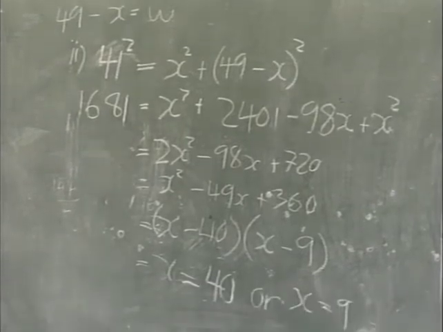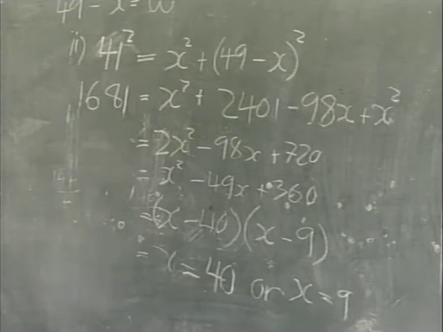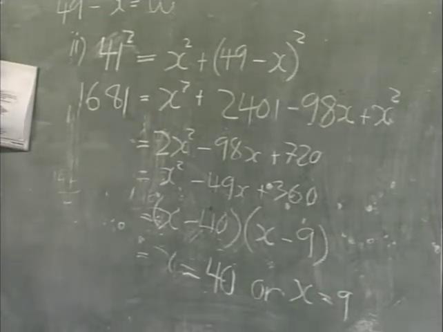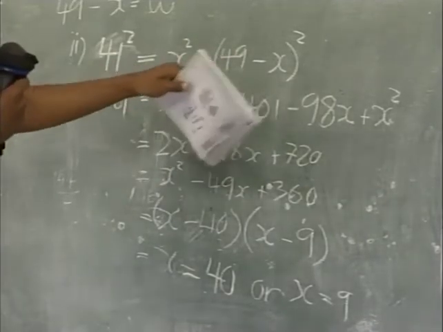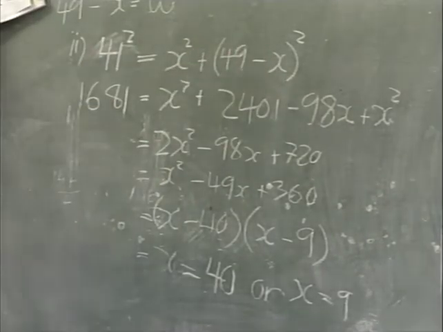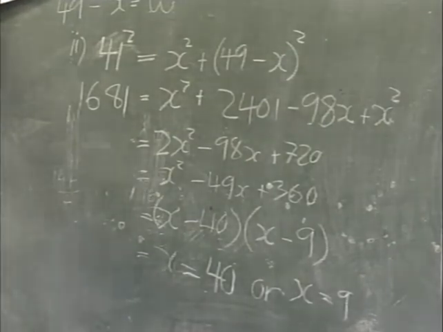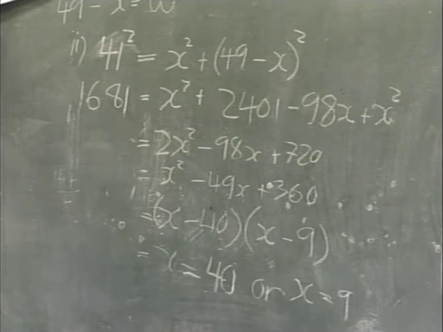To solve the equation for x, I square 41, which is equal to 1,681. Then I square this, I get 2,401 minus 98x plus x squared.